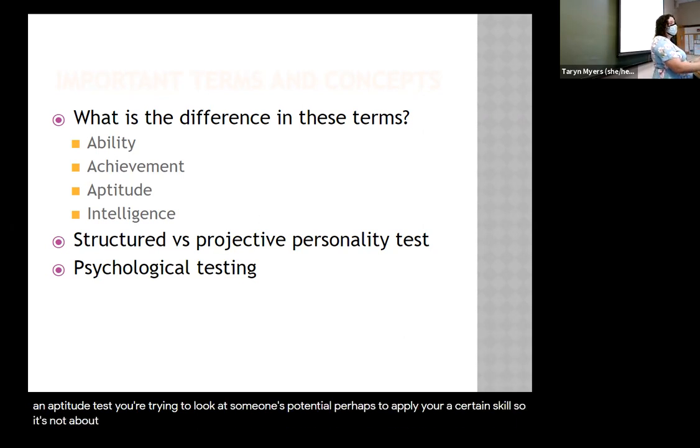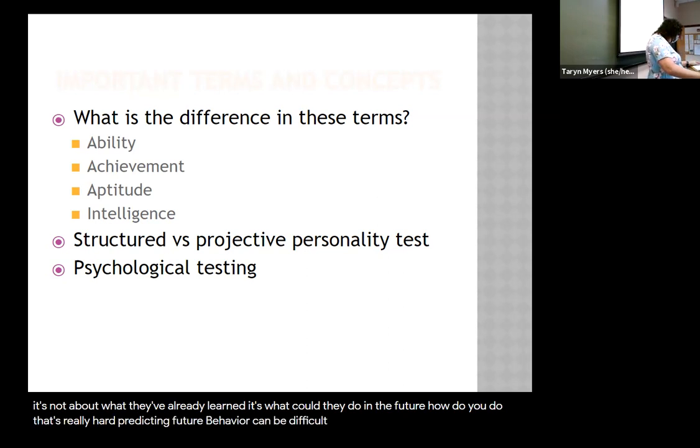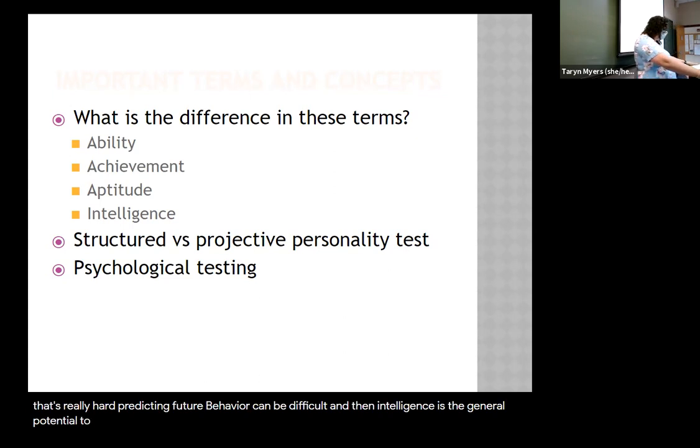So it's not about what they've already learned, it's what could they do in the future. And obviously that's really hard. Predicting future behavior can be difficult. And then intelligence is the general potential to acquire new knowledge and solve problems.